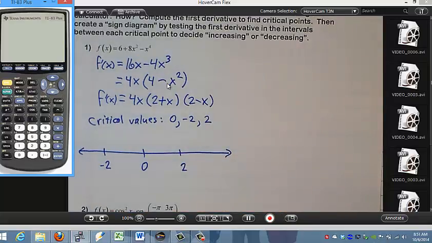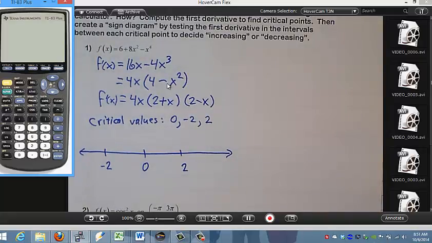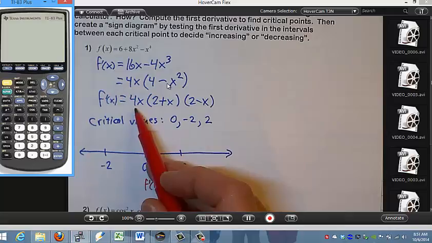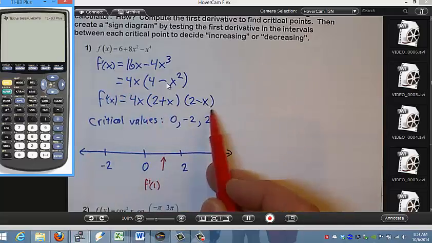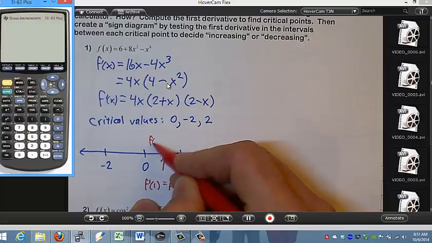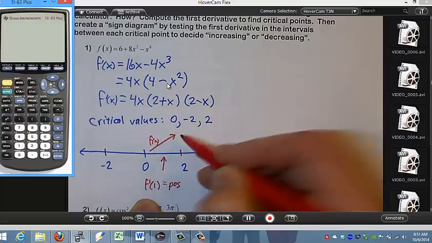Then I saw you picking test points like 1 and computing f prime of 1. You threw a 1 in there, and you got a positive and a positive, so it's positive. And since f prime is positive, that means f of x is increasing.